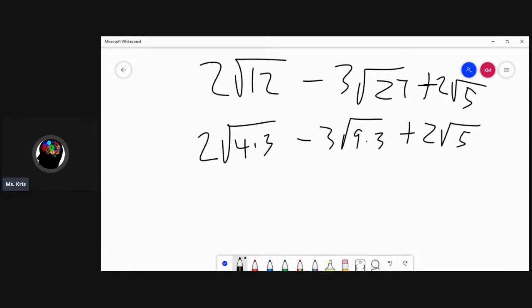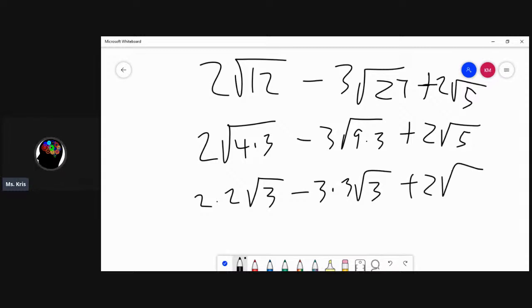And of course, 2 square roots of 5 is in its simplest form, so you have to do nothing to it. So now, 2 times square root of 2, square root of 4 is 2. So that'll give me 2 square roots of 3 minus 3 times 3 square roots of 3, because the square root of 9, that gives me 3, plus 2 square root of 5.